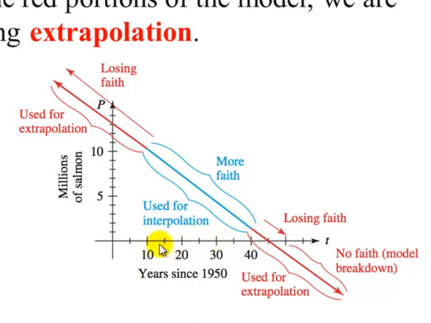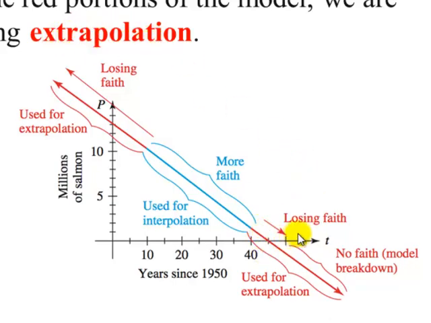And when we pick x values within this domain, we are performing interpolation. When we pick x values outside the domain, less than 10 or greater than 40, we are performing extrapolation.